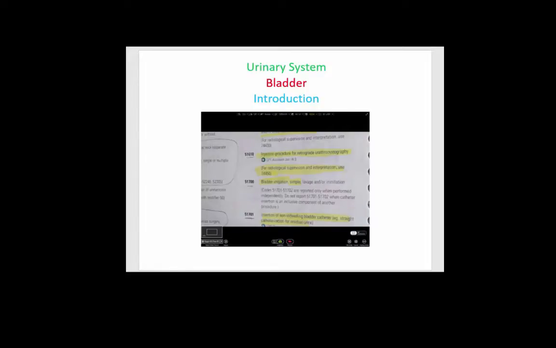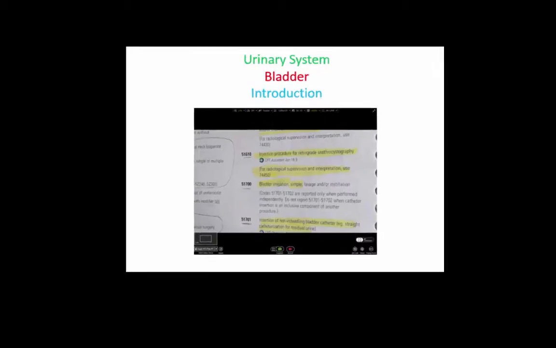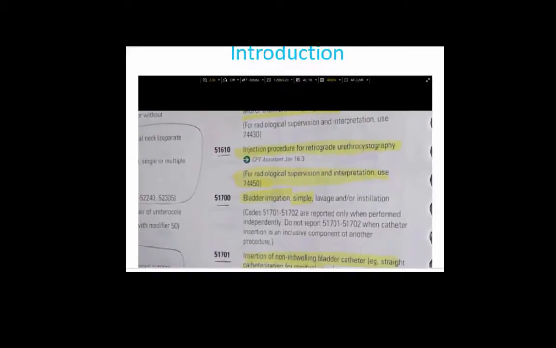And here you have this particular code, also adding the guideline under it, in this case, under the code: for radiological supervision and interpretation, use 74450.